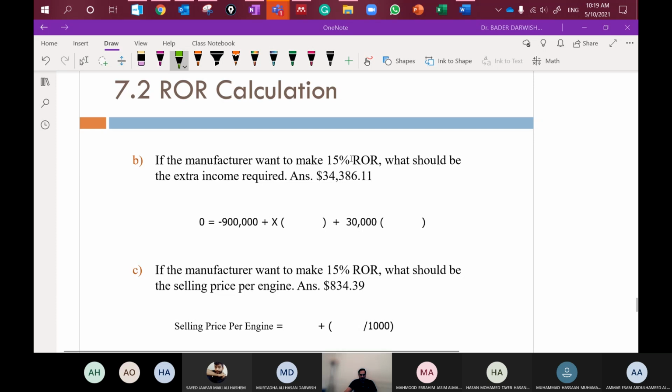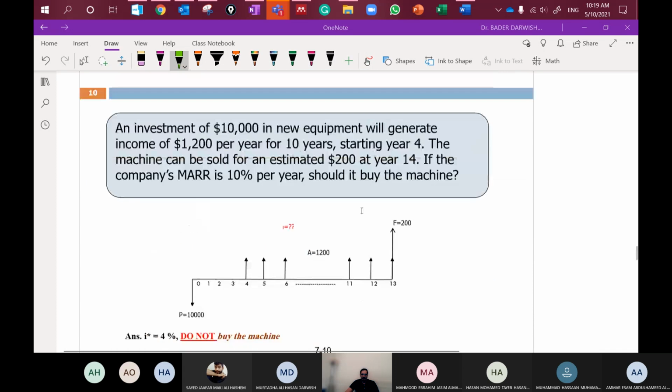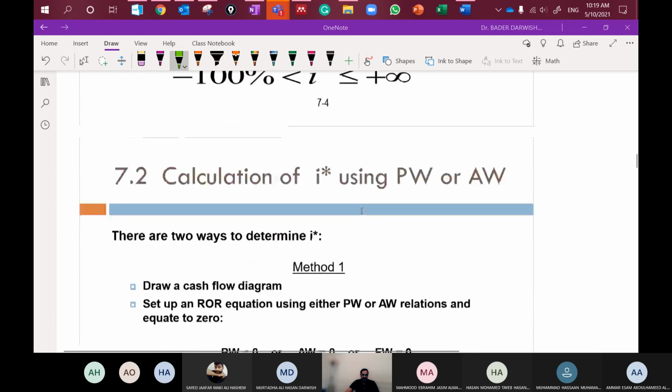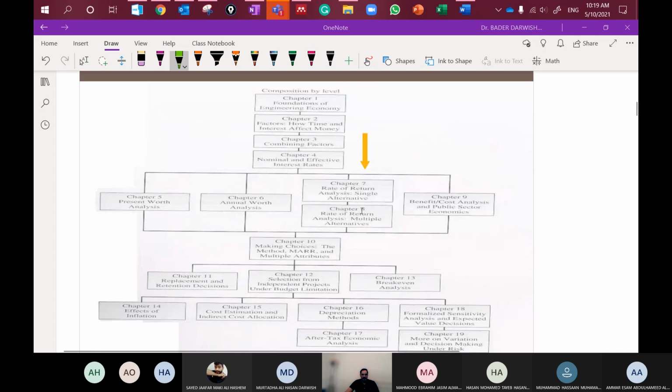Nothing is new to us, except the fact that we were able to derive the rate of return and consider it as a comparison to the MARR, or to identify what is the rate of return for this project. Now guys, if we go back to the beginning of this chapter, as you can see here, we completed everything related to engineering economy.